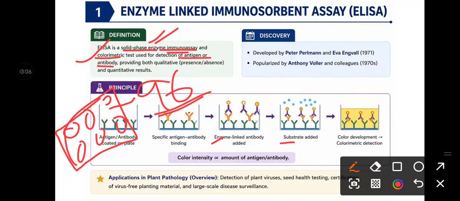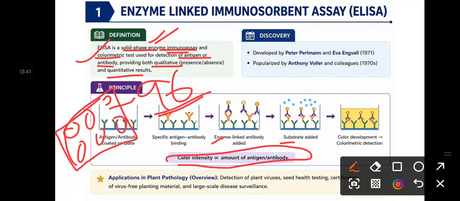So both antigen and antibody can be detected, providing both qualitative as well as quantitative results. Qualitative means it will just detect whether some antigen or antibody is present or not, and quantitative means it will measure the concentration of that particular antigen or antibody. Generally this color intensity is directly proportional to the amount of antigen or antibody.